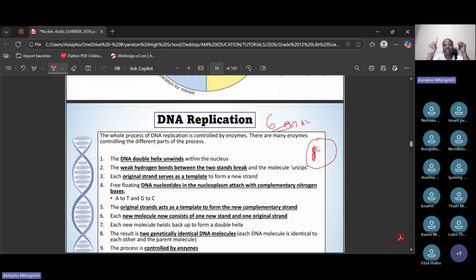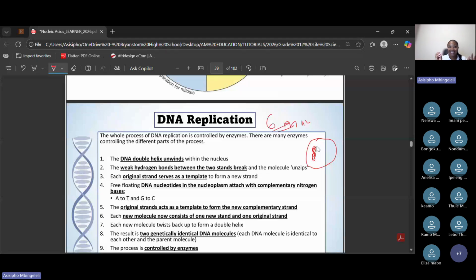So the first thing that is going to take place during DNA replication, so I'm going to do this to my fingers to show that DNA is double helix, right? 2 strands that unwind, they are twisted together. The first thing that will take place for this process to happen, we need the DNA double helix molecule to unwind, to become untwisted. However, fun fact, if you use the word untwisted or untwist or whatever, you're not going to get a mark.